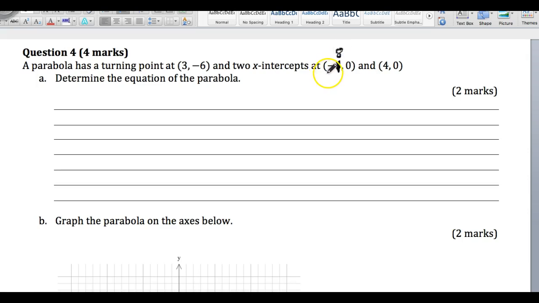Actually, yeah, let's make it negative 8. No, let's make it negative 10. Because then we will get the turning point at 3. So negative 10. Oh no, that'd be at negative 3.